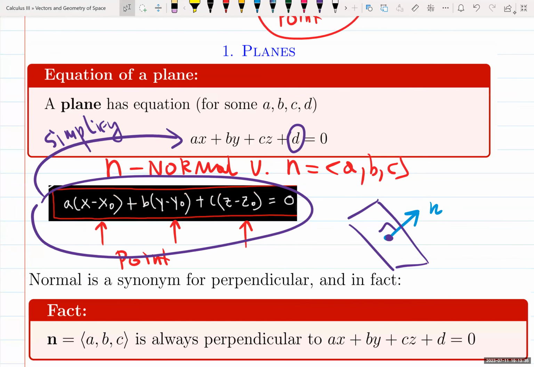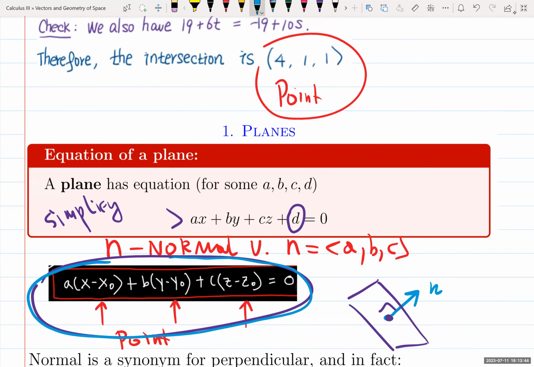The original way is this one, the second one is over here. I like this one more because remember, the equation of the line was y minus y0 equals m times x minus x0. That's one of the equations of the line, right?